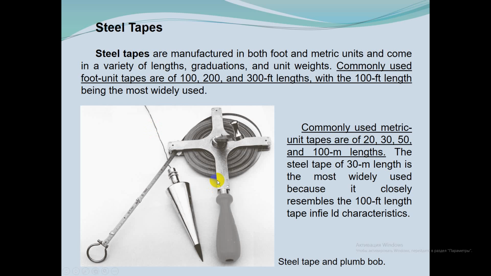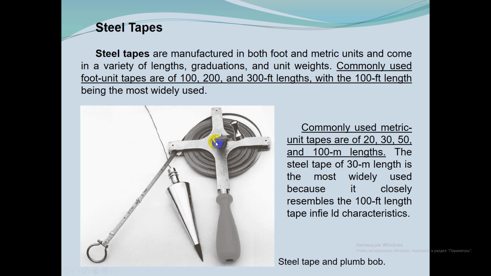Commonly used foot unit types are 100, 200 and 300 foot lengths, with the 100 foot length being the most widely used. Commonly used metric unit tapes are of 20, 30, 50 and 100 meter length.